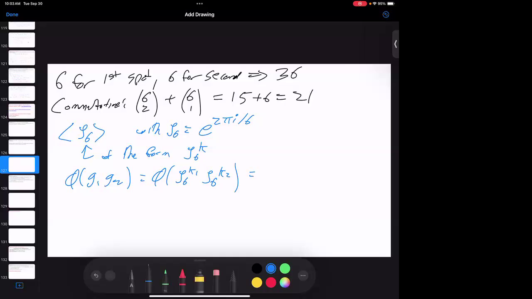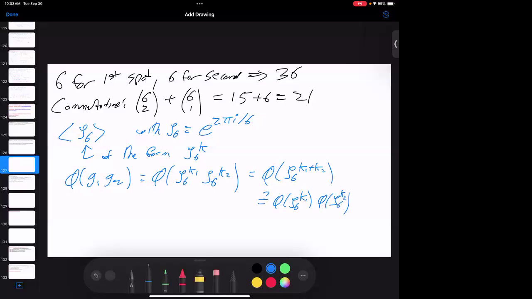And so I just have to figure out what happens, and does this equal phi of zeta 6 to the k1 times phi of zeta 6 to the k2.